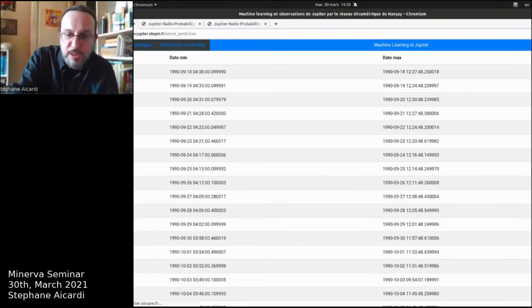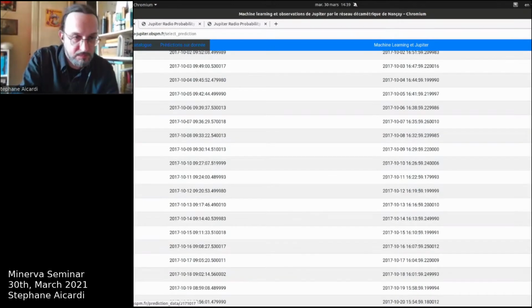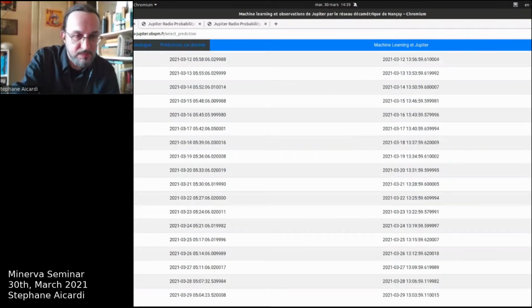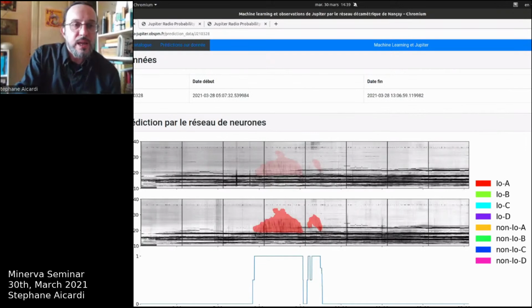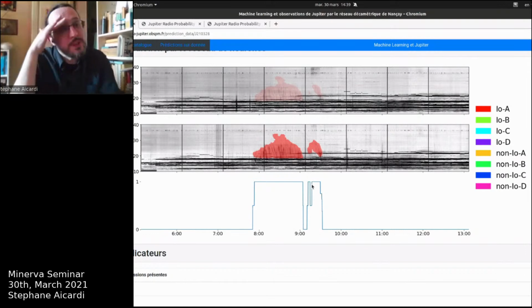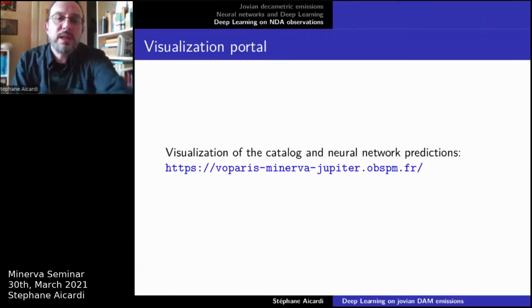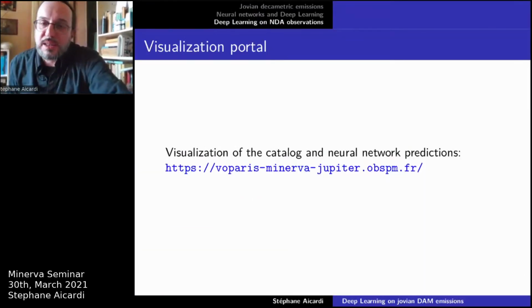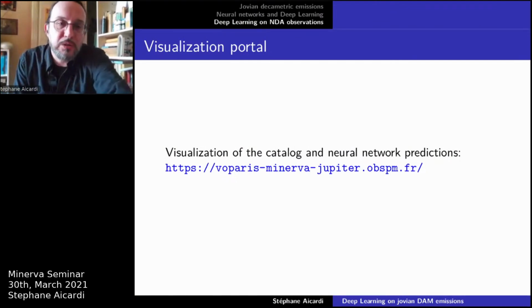And if we look just the day before, hello, yes, here we can see that it detected IOR. So now we would like to know if these predictions can be correct.